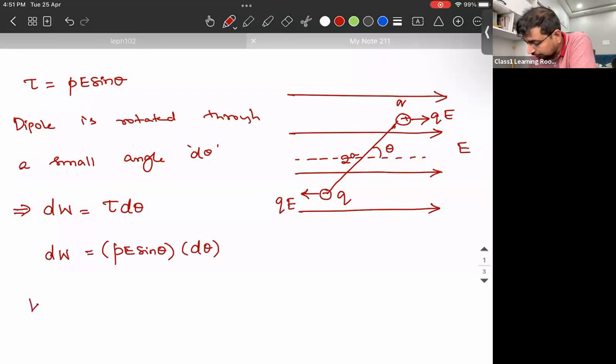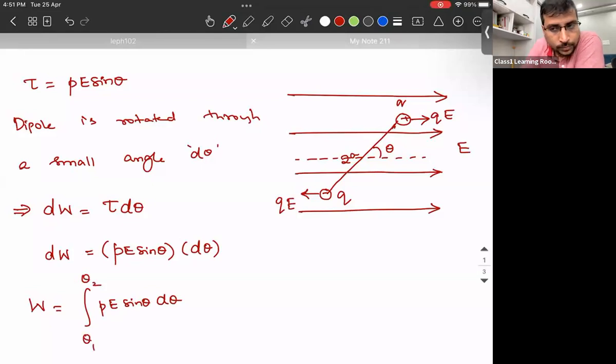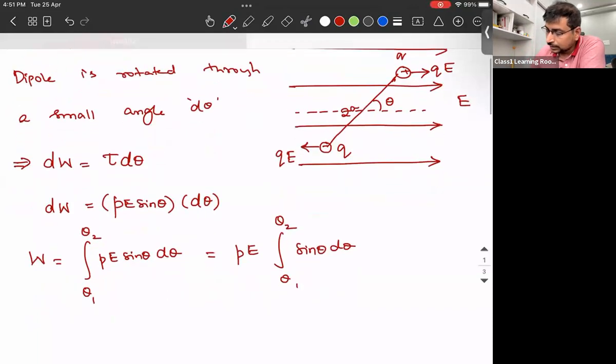To calculate the total amount of work, we need to integrate. So the integral of PE sine theta d theta from theta 1 to theta 2 is equal to PE into the integral of sine theta d theta from theta 1 to theta 2.